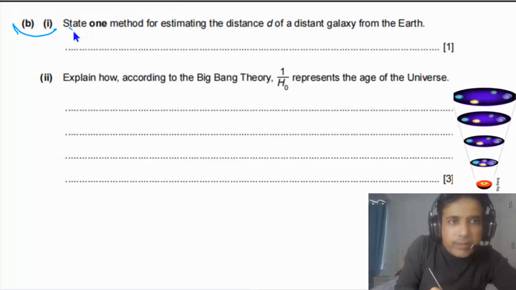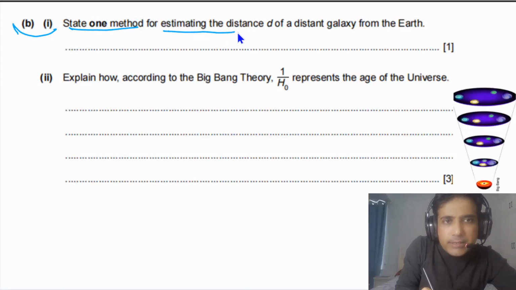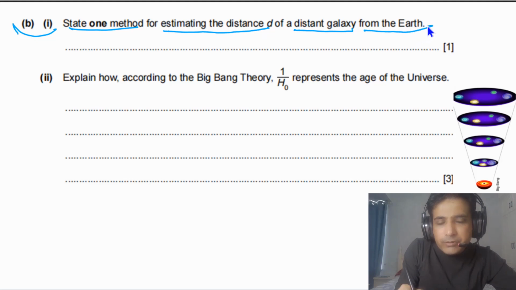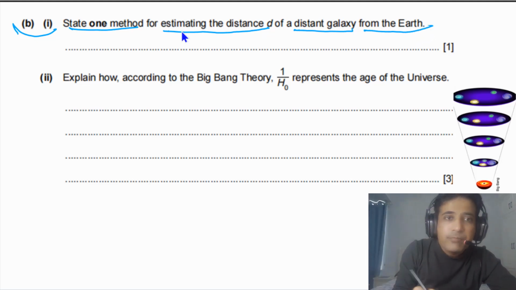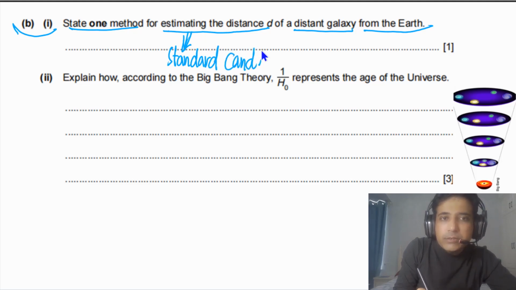For part B1, we need to state one method for estimating the distance d of a distant galaxy from the Earth. There are different methods, but the easiest one at this level is to use standard candle.